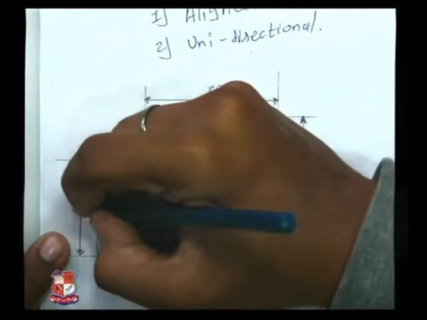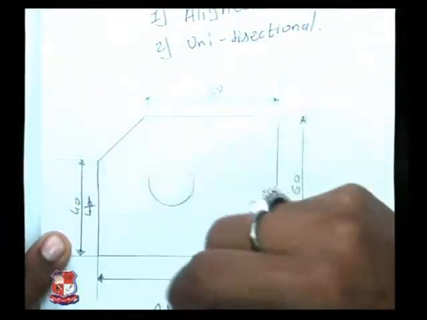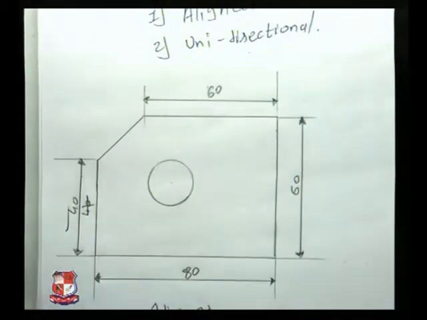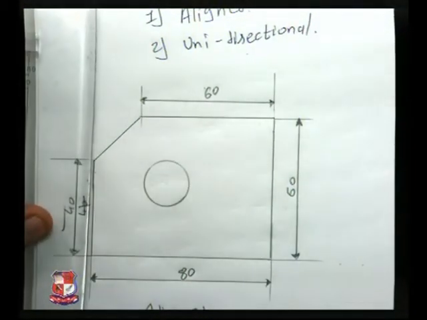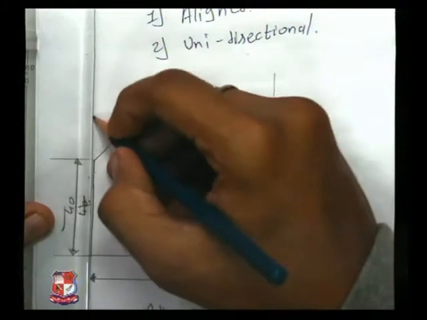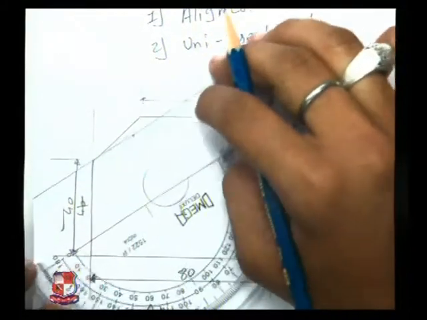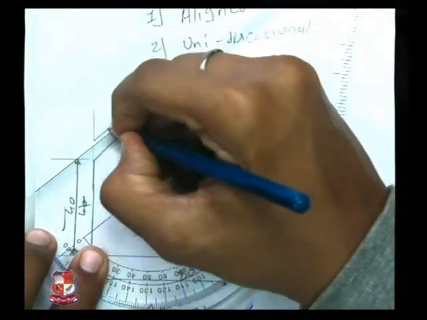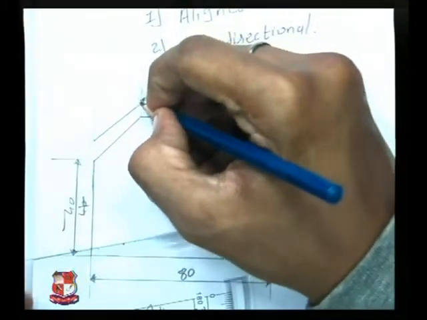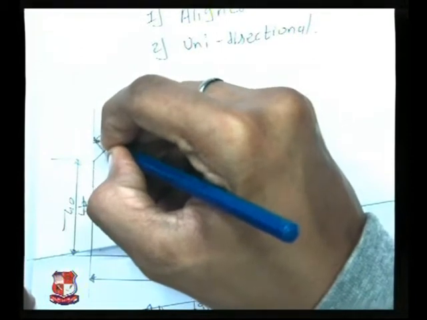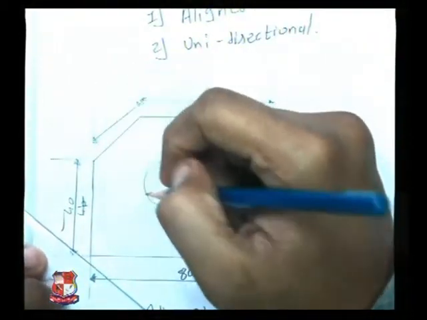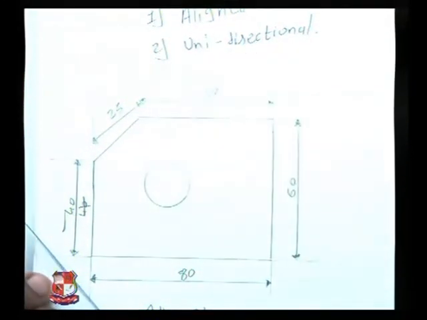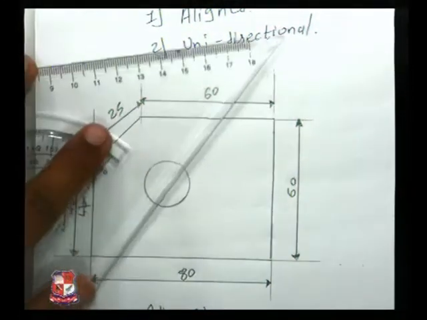You need to write the dimension above the dimension line. This is the right method. For the align distance, the dimension can be given with extension lines on both the sides, closed filled arrows on both the sides, and the dimension written parallel to the line but above the dimension line.